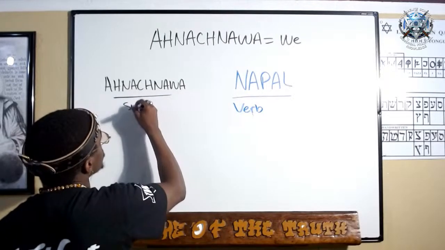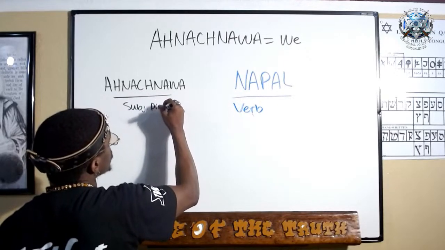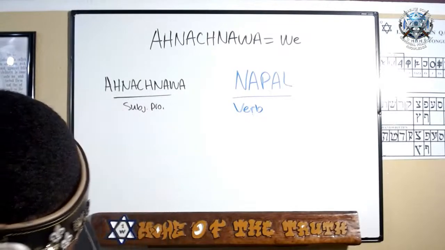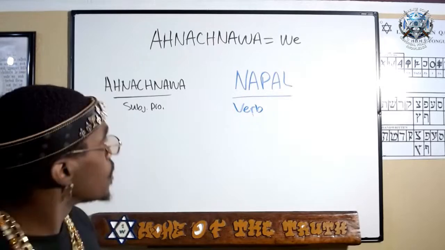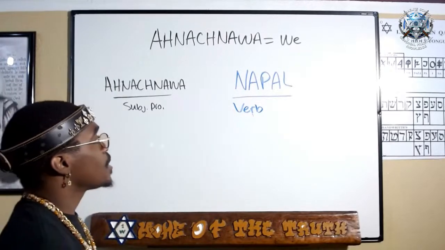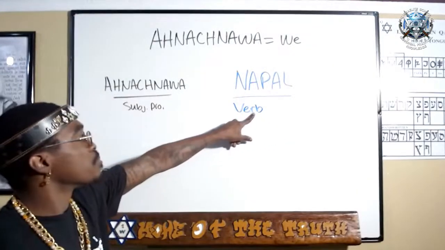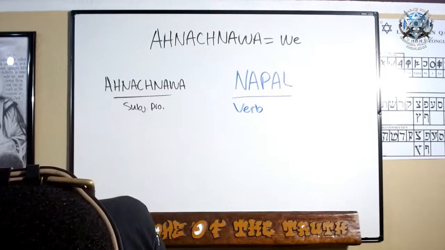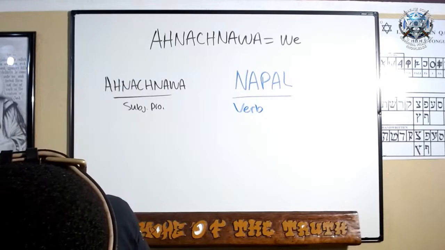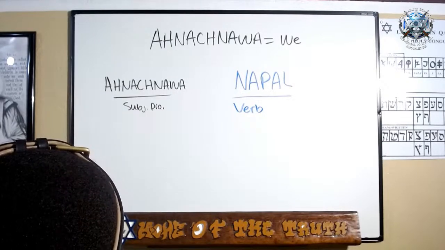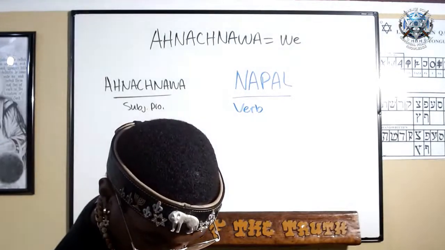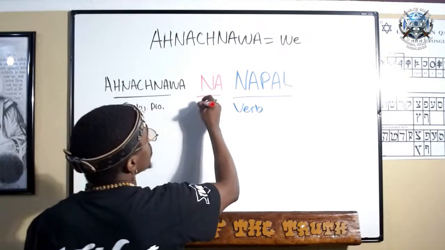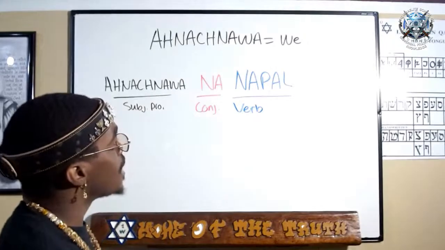Anaknawa is our new subject pronoun, which is we. Anaknawa means we. So now, in order to conjugate this verb with anaknawa, what do we do? You use na.